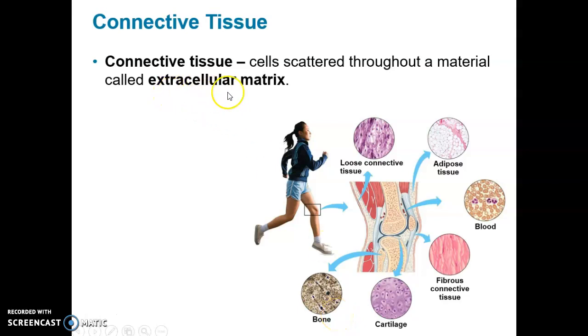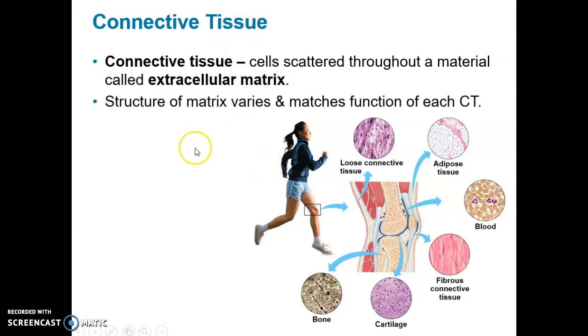If the extracellular matrix is liquidy and runny, then that's blood. The cells are the blood cells, and the plasma is the extracellular liquid matrix. With cartilage, the cells are surrounded by a rubbery extracellular matrix. So this extracellular matrix is very characteristic of connective tissue.